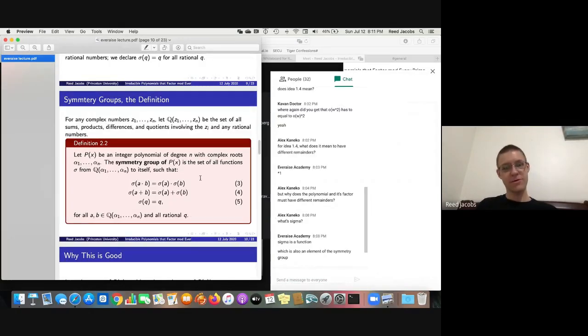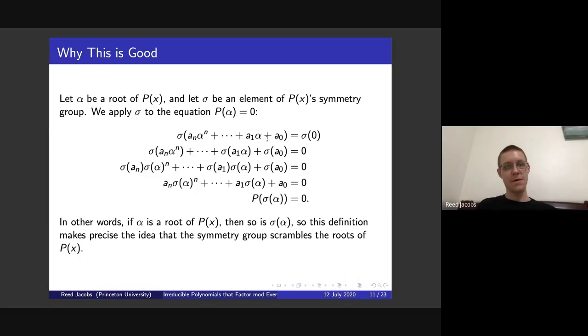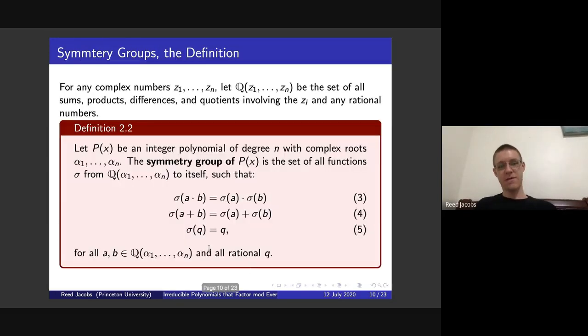Of course, we could also have said that because 0 is a rational number, sigma of 0 equals 0. But this sort of formal algebraic reasoning is useful. Even if we didn't know that sigma of q equals q were true for 0, it would have to be true for 0 because of this property 4.